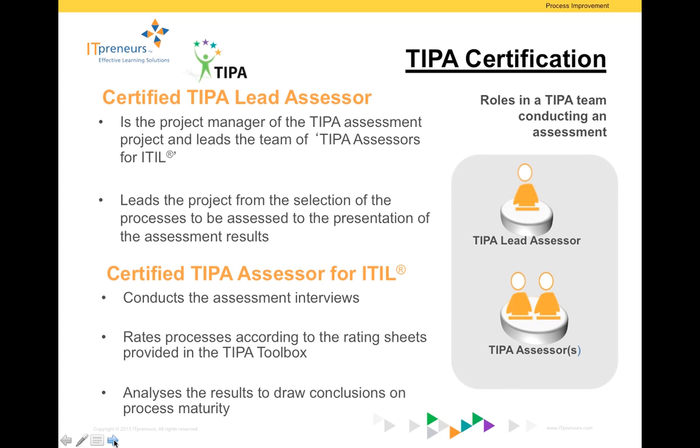The lead assessor is the person that will oversee the overall project and ensure the proper management of the activities that need to be done so that we get a high level of quality of results from that assessment. So these are the two levels that are covered within the TIPA framework.